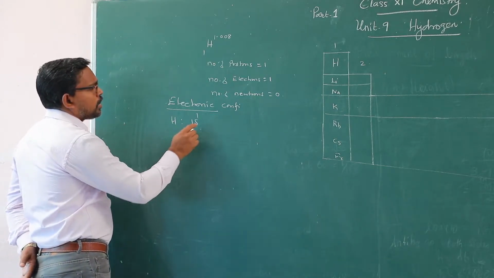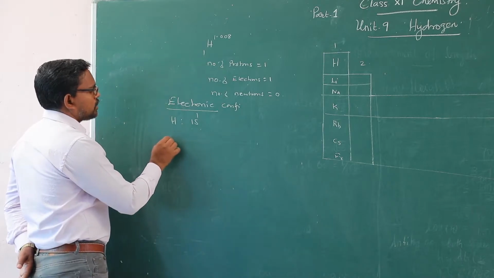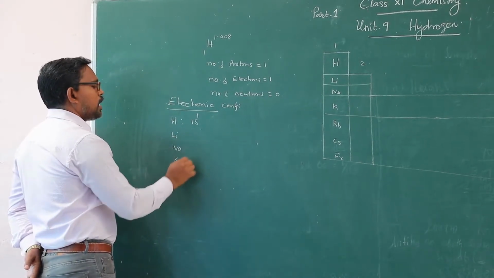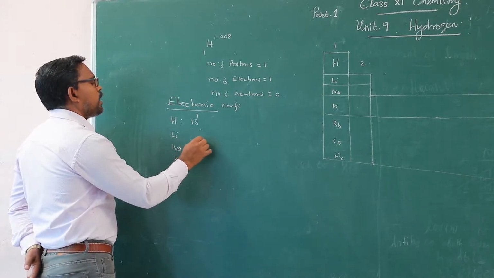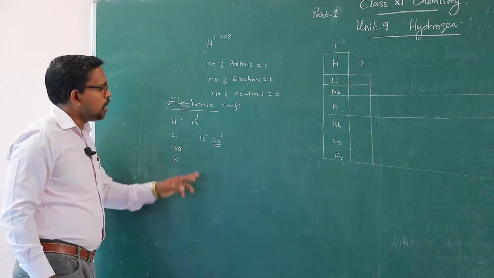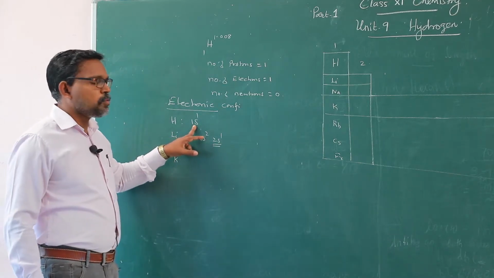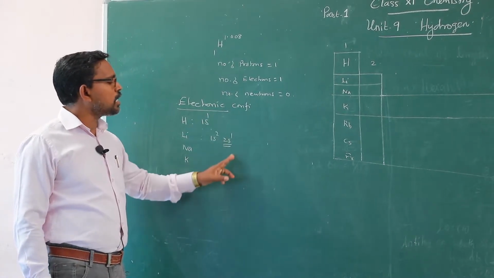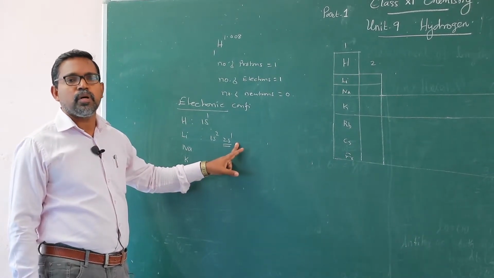Similarly, the elements present in the alkali metals, lithium, sodium, potassium, etc., also have only one electron present in the valence shell. Hydrogen consists of one electron, and all the alkali metals also have only one electron.